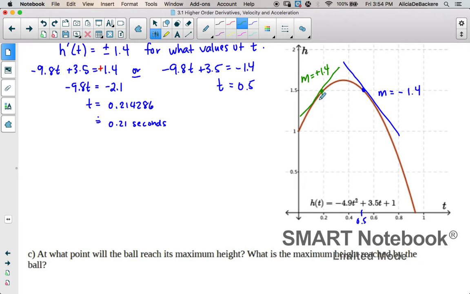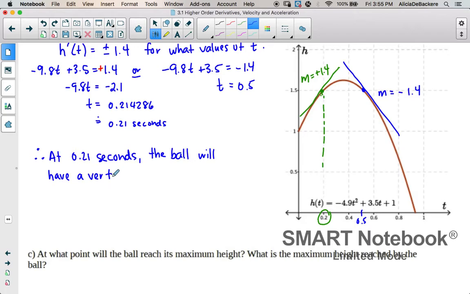And if I head down here, it's happening right around 0.2 seconds, and it's just a little bit past it. And then we'll write a sentence about this one as well. So just the opposite of before. Before it was falling, now it's rising.